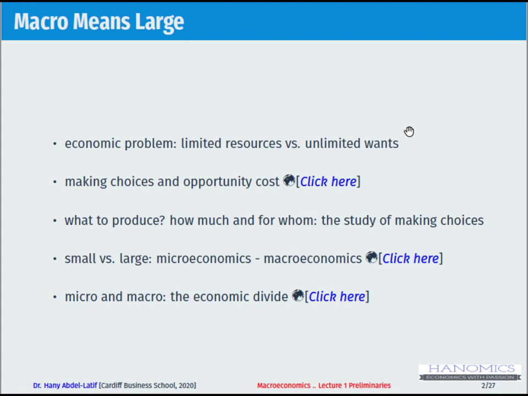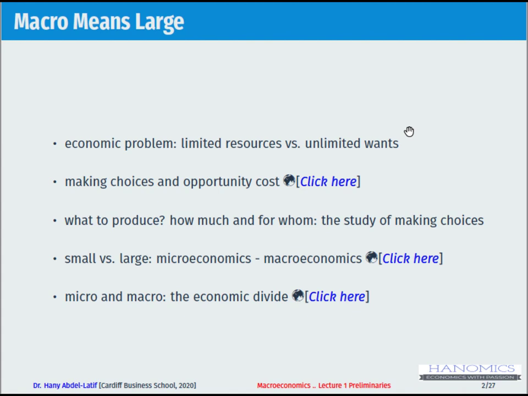So that takes us to the point: what is the difference between microeconomics and macroeconomics? As you can see from this slide, macro means large. So that's what we're actually interested in. Maybe in micro you were interested in the behavior of an individual, how they're going to maximize their utility given whatever restrictions they face.